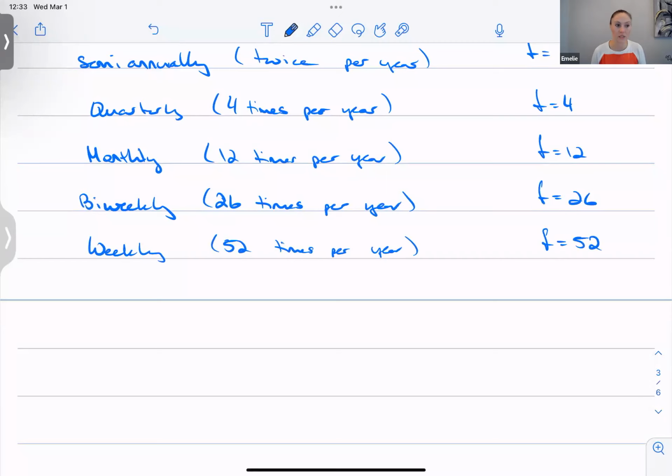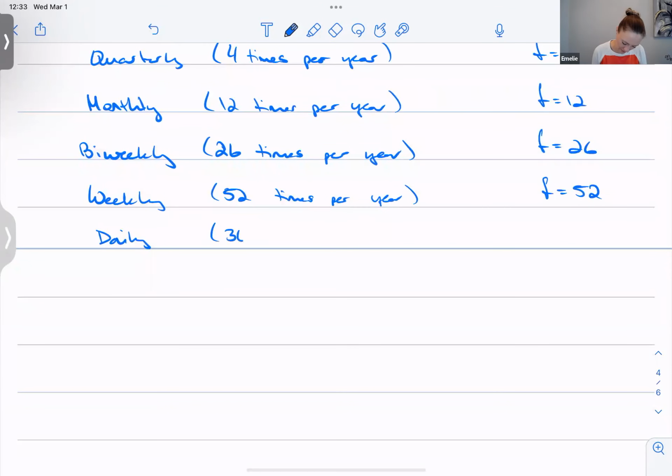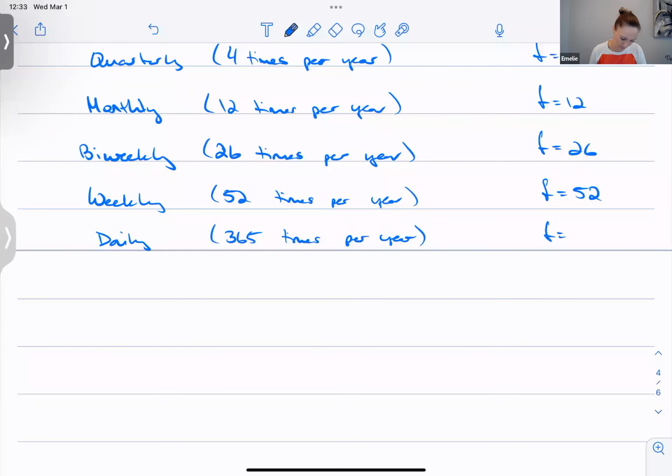So F is 52. And then finally, daily. We don't really do less than that. 365 times per year. There's a special case where it's compounded continuously, but I'll save that for later. 365.